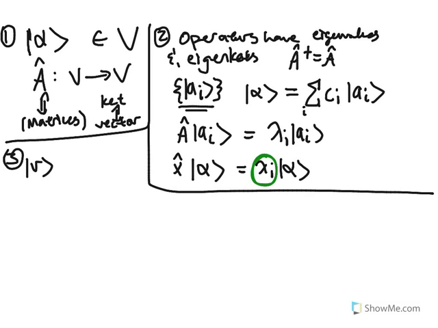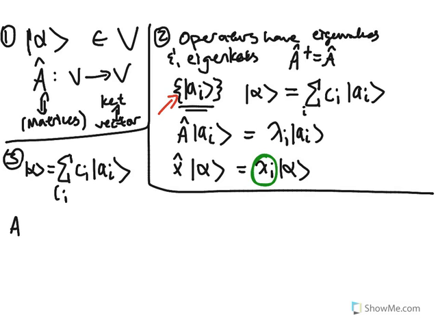So you can kind of get around this by saying, well, if I have a vector alpha, because my a_i's over here were a basis, that means I can write my vector alpha as a sum of a bunch of coefficients, c_i, times the basis vectors.